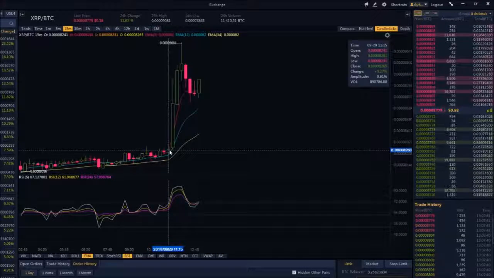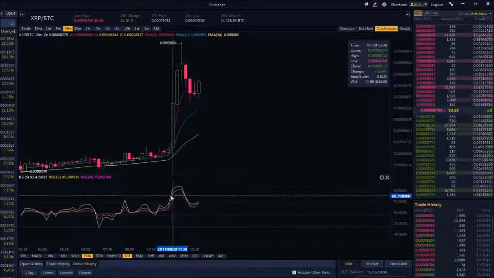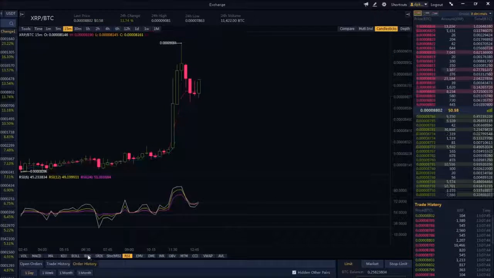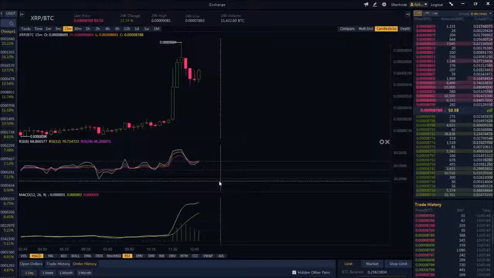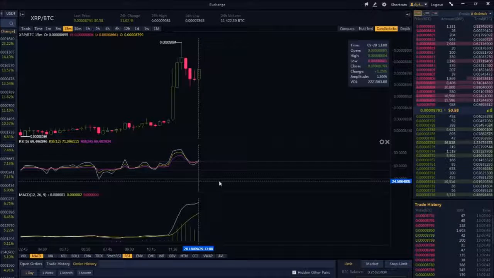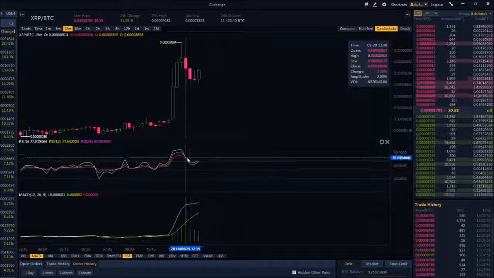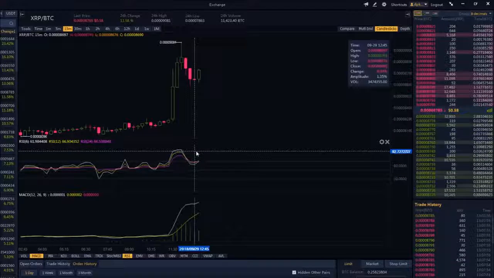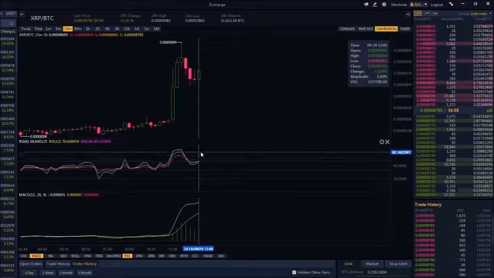We then start looking at the RSI and the MACD indicators. The RSI and MACD indicators tell us how much the price is going to move over a period of time, and we can tell if that value is likely to change using the RSI indicator.